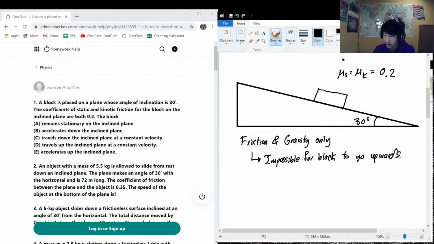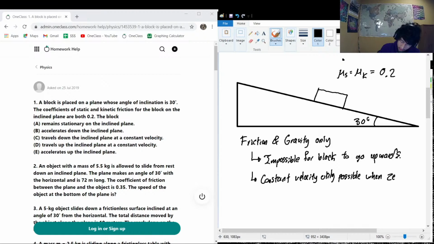Okay, and another thing that we know is that constant velocity is only possible when there is zero net force.